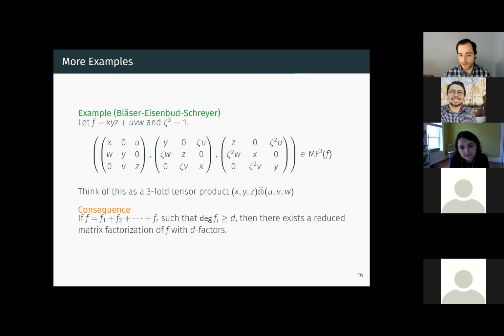And reduced here again just means no unit entries in the matrices. So these three authors were particularly interested in cases like this one, where you have all linear entries, because then the co-kernels of these matrices correspond to what are called Ulrich modules. I'm not going to say anything else about those, but that's the context they were interested in. But their formulas work in a lot of generality. So it's really cool.